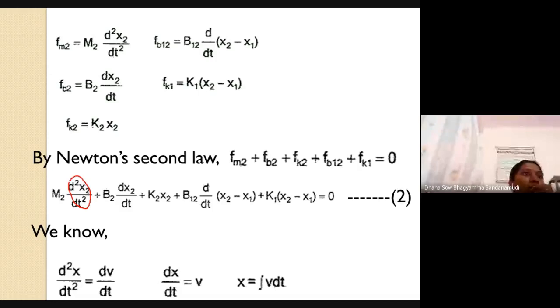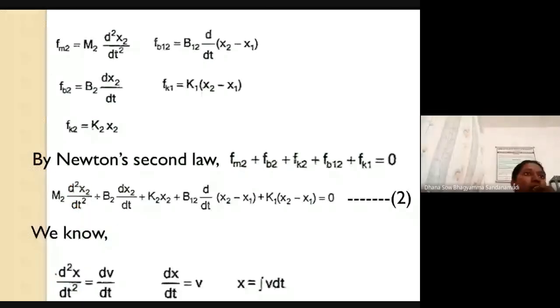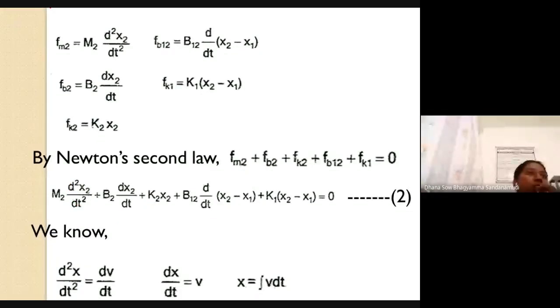So replace d square x by dt square by m2 into dv by dt. dx by dt, you just replace b2 into v. Wait, I will write it.